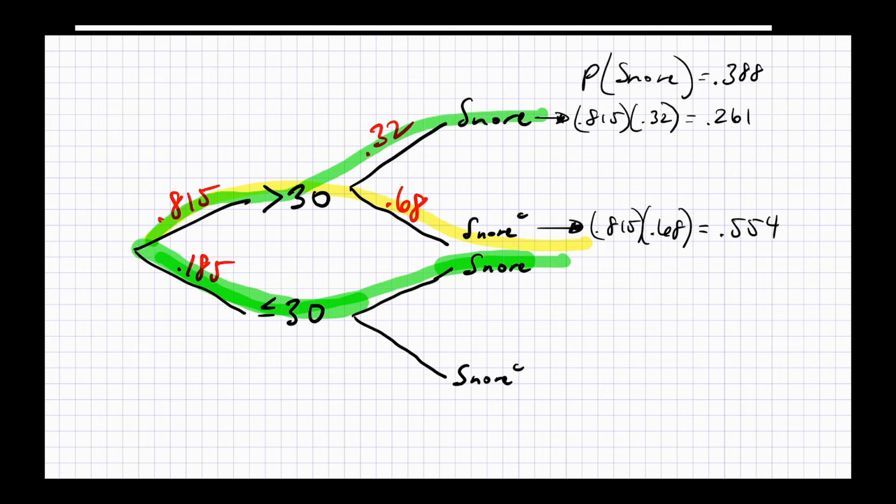Let's see. And then 1 minus 0.388 minus 0.554. This should be 0.058.